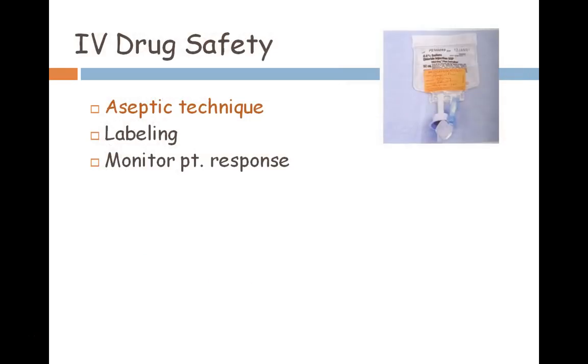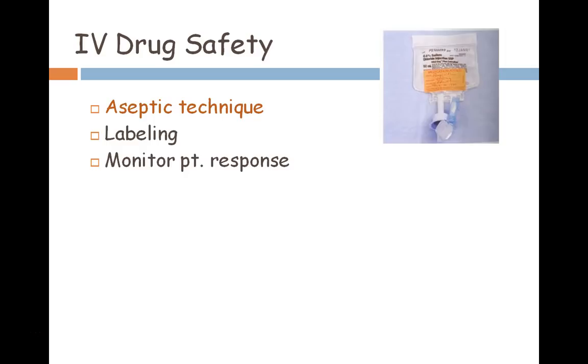Other considerations with safety is, again, aseptic technique, making sure that you're scrubbing the hub very carefully, that when you're putting tubing into the hub that you don't touch the tubing against anything because it needs to stay sterile.